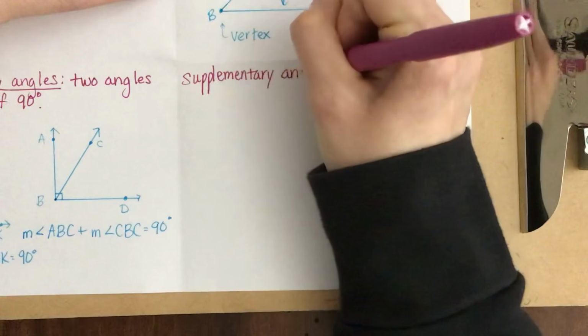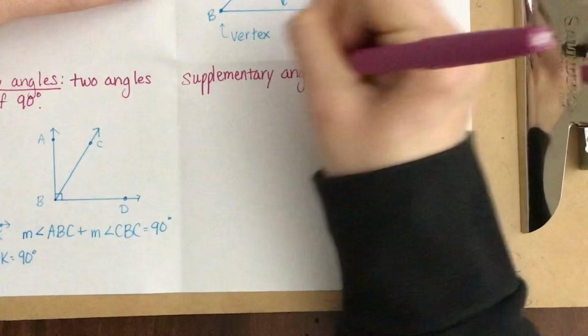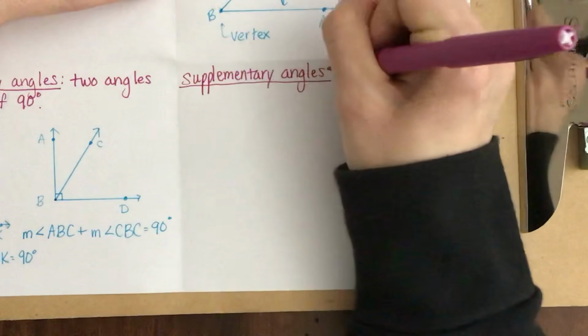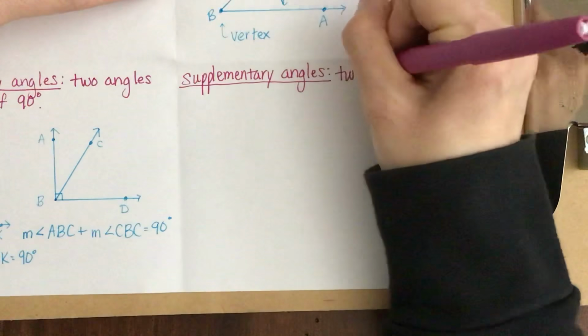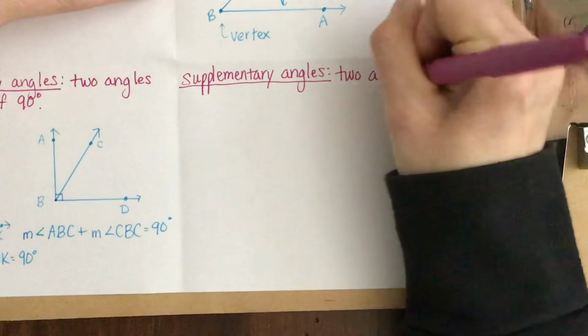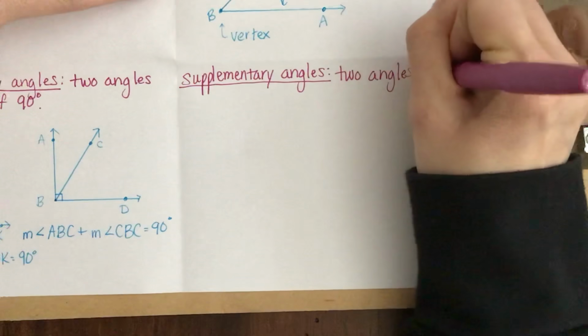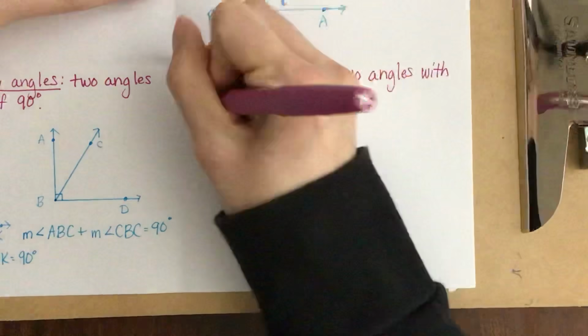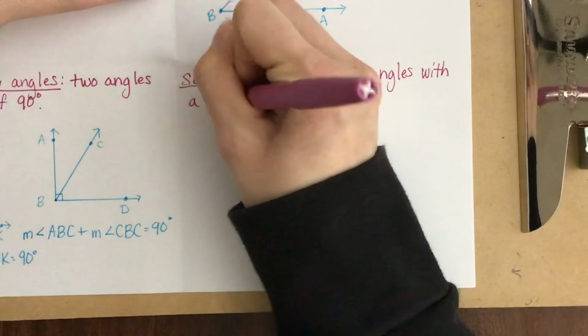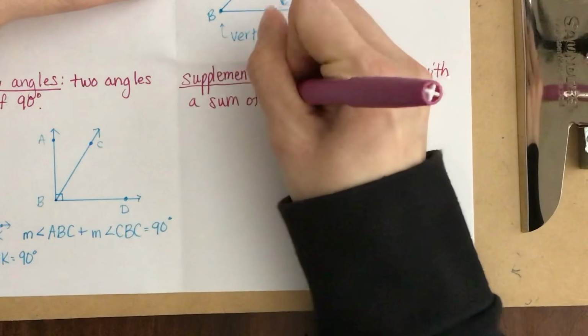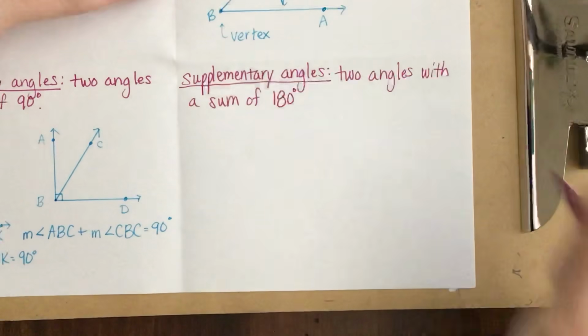Supplementary angles, we can say, are 2 angles with a sum of 180 degrees.